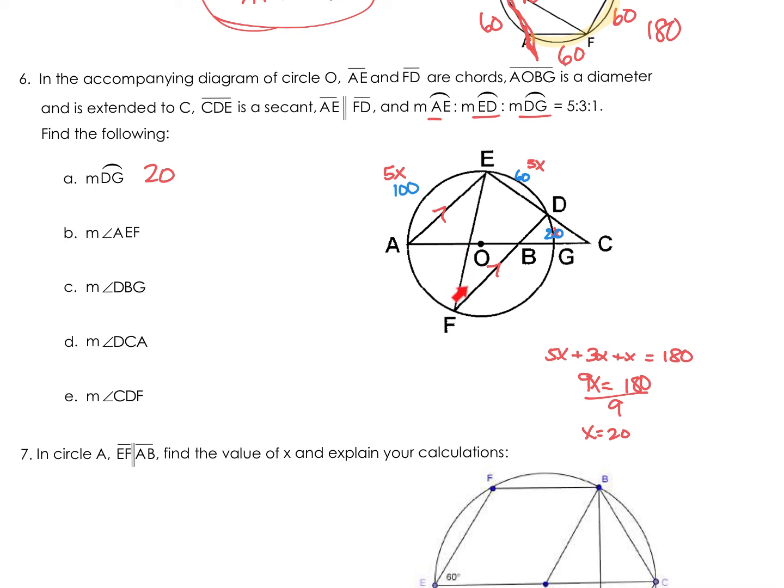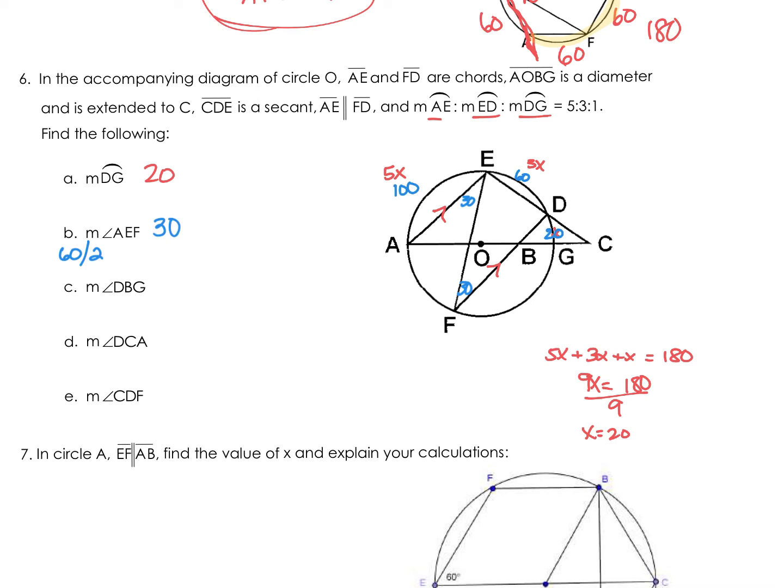Do we know anything about this angle? Yes, its mouth is going over here. So if 60 is over here, this would be 30, which means this would also be 30. So it is 30 because we took 60 and cut it in half.